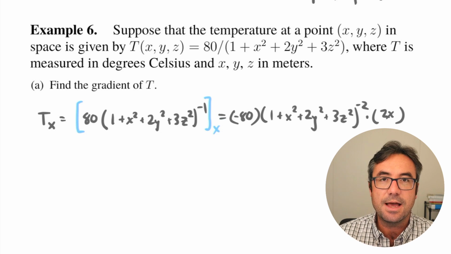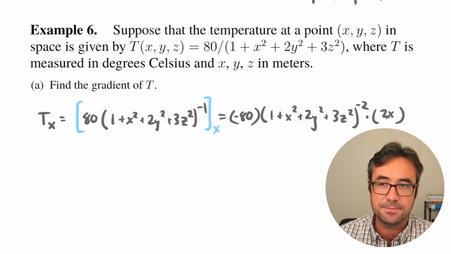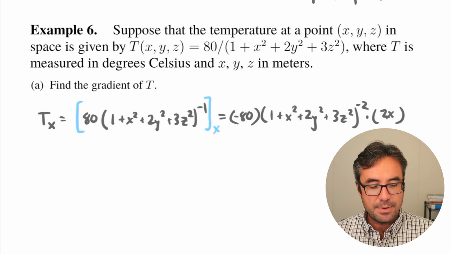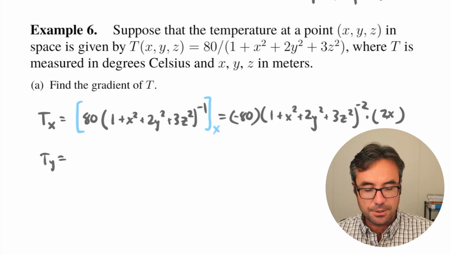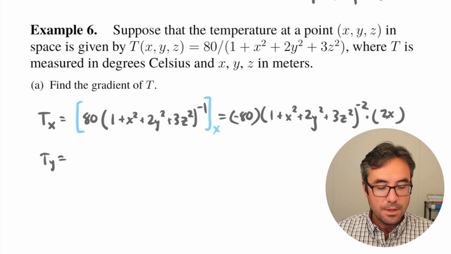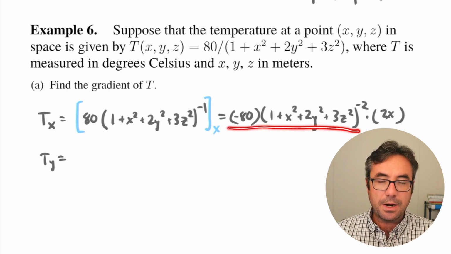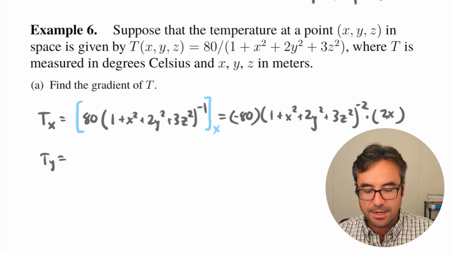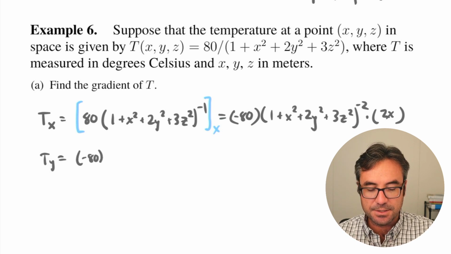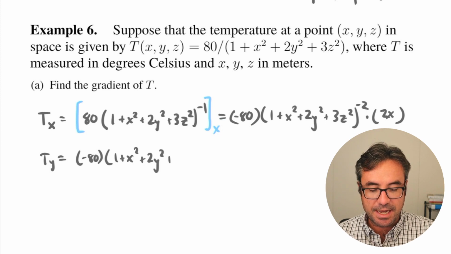So that's the x partial for what was inside. And similar for the y partial. For the y partial, this power rule part is going to be exactly the same. No change. So we're going to end up with a negative 80 in front. Keep what was inside the parentheses exactly the same.